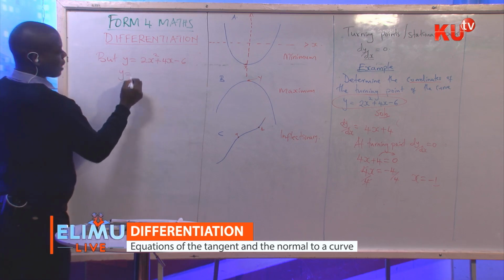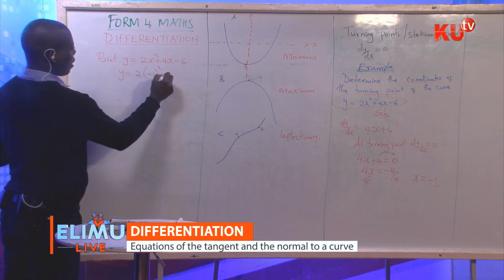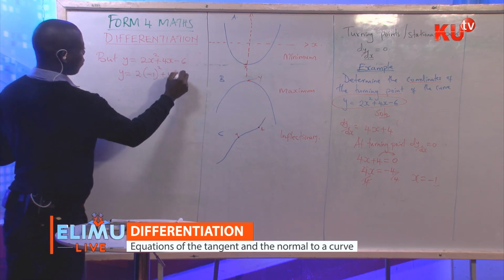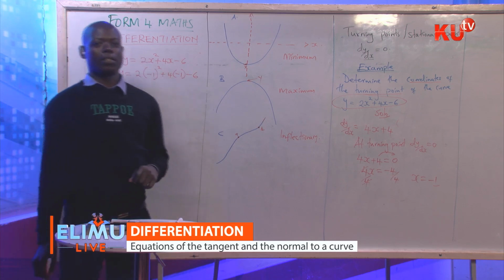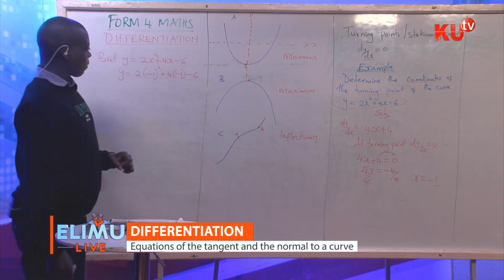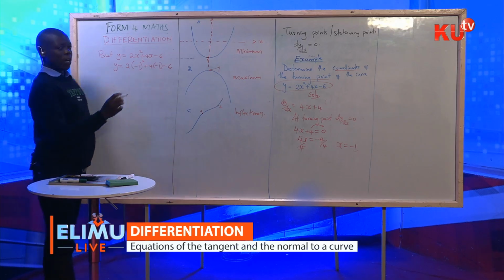Now replace in x as -1, so we'll have 2 into -1 squared, add 4 into -1, less 6. Good. Let's work it out. What is -1 squared?